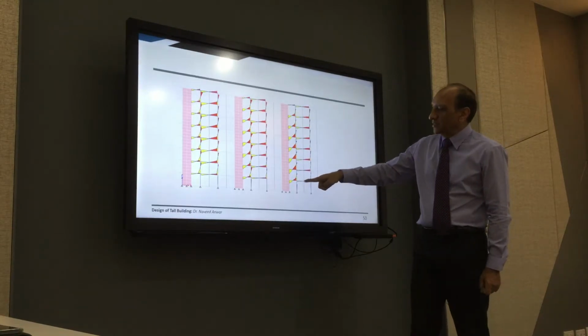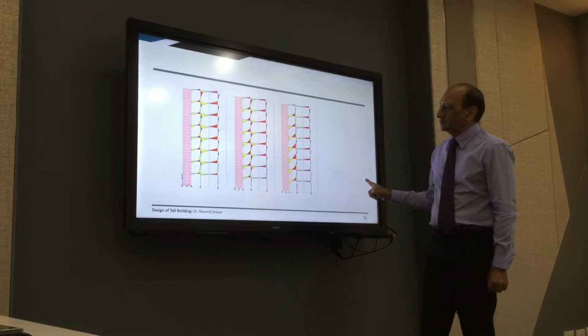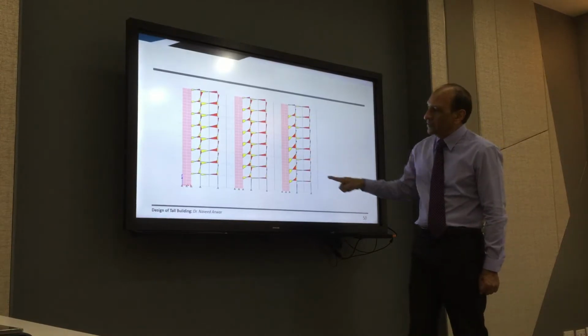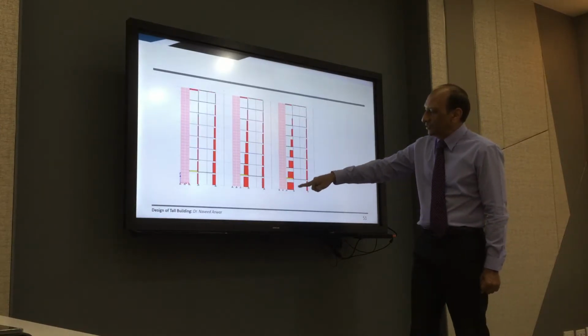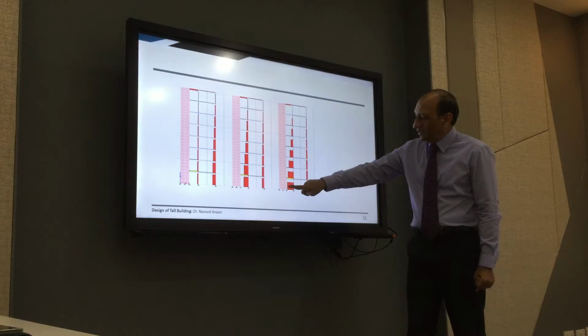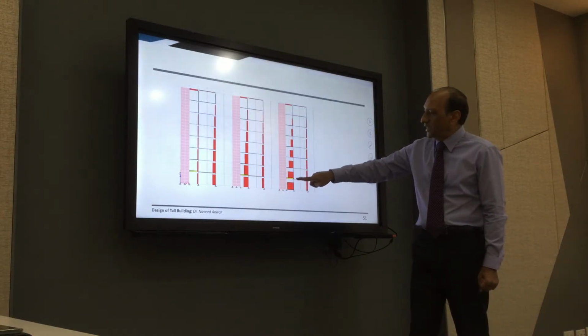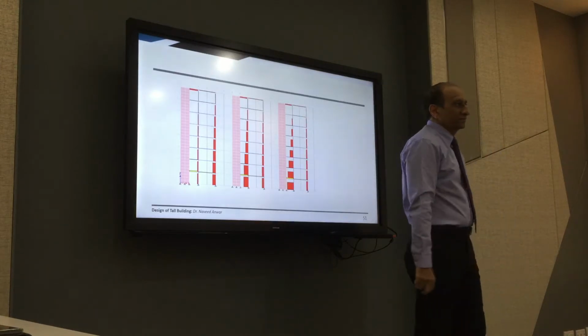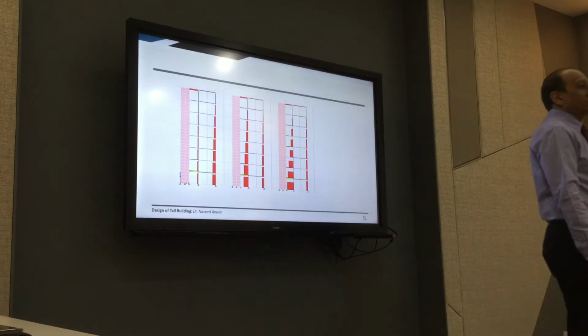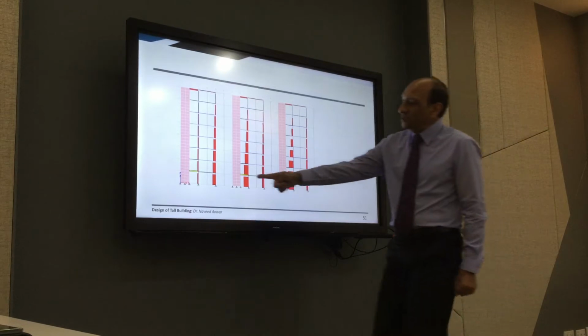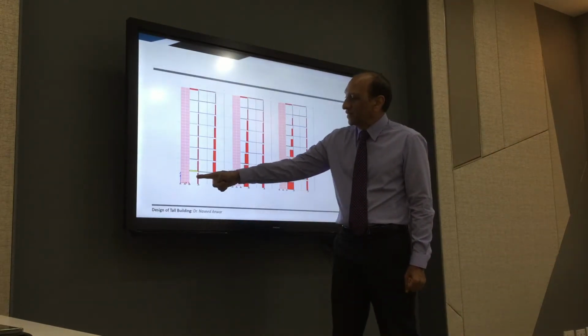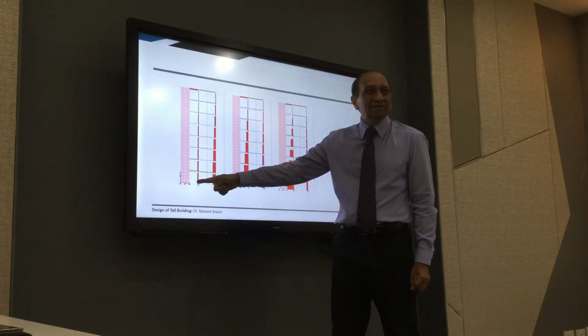This is the bending moment between those. So you can see large bending moment here and large shear. This is the axial force. You can see now clearly that the bending moment is now converted to axial force. Very large axial force in this column. This is the axial force in the column. Very small axial force in this column because there is no outrigger effect.